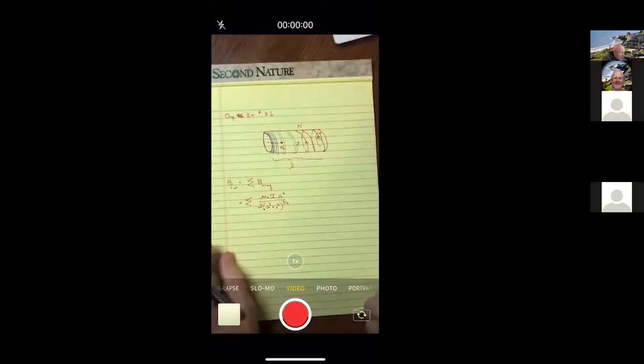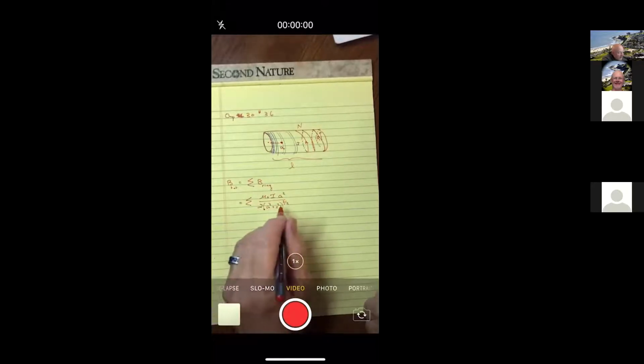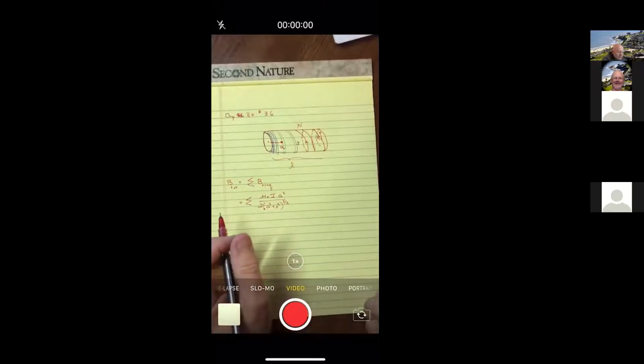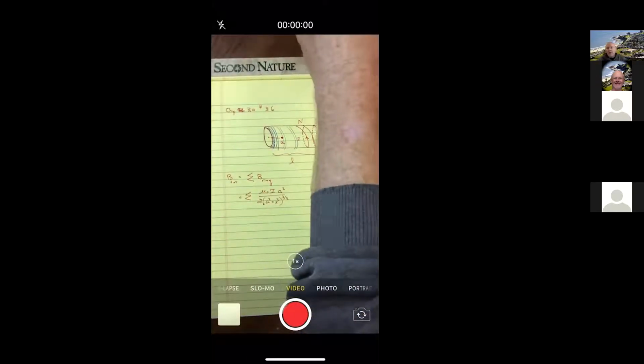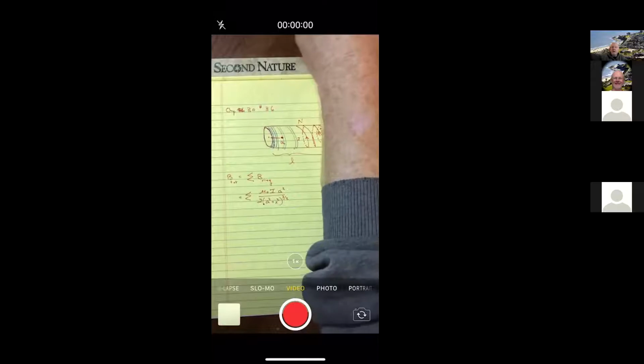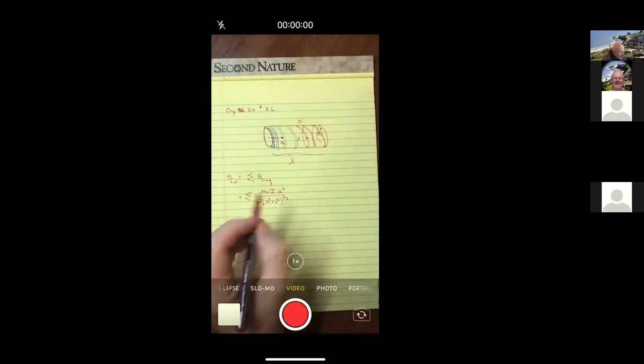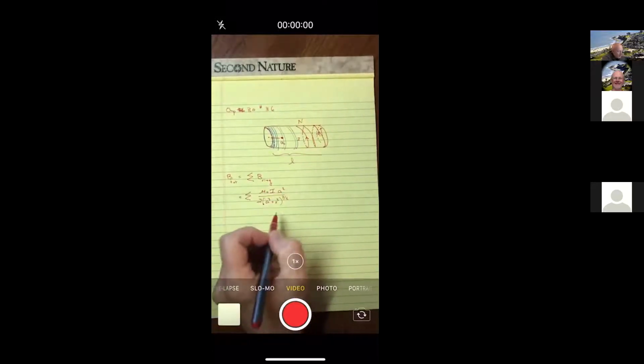This is the ring. Now, I should be careful here, because when we derived this in the lecture and in the manual to figure out what the field was for this ring, A was the radius of the ring.